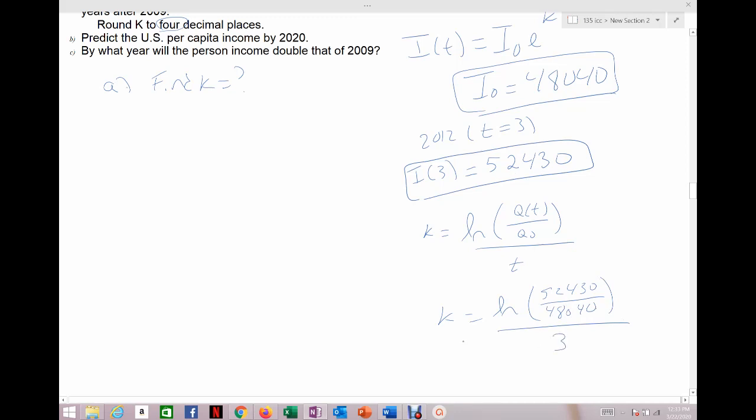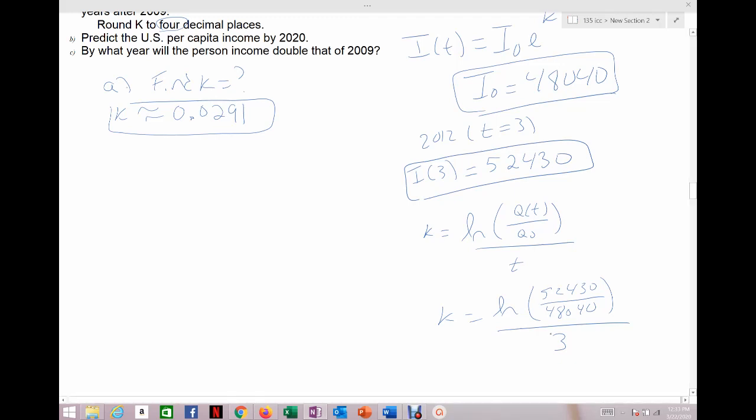All right, and then the k value would be, rounding to 4 decimal places, 0.0291. So that's one way you can remember that, which we talked about in the first video for this set of notes.